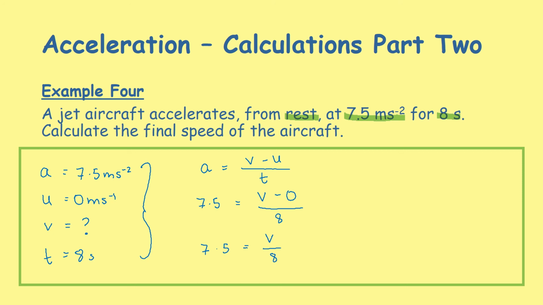And now to get V by itself, we want to multiply the 8 up onto the other side. So I'm going to carry along the right-hand side here. V equals 7.5 multiplied by 8, and this gives us an answer of 60. And remember, because that's a speed we're calculating this time and not acceleration, it's just going to be meters per second.